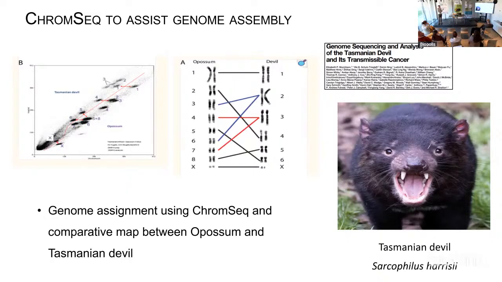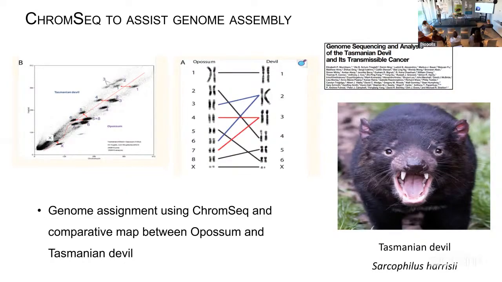And in this case, chromosome sequencing was used to assign 99% of the genome to the karyotype of the species. And as I will show you in a couple of slides, this was particularly useful to identify the genomic region connected with the facial tumor disease of the species.